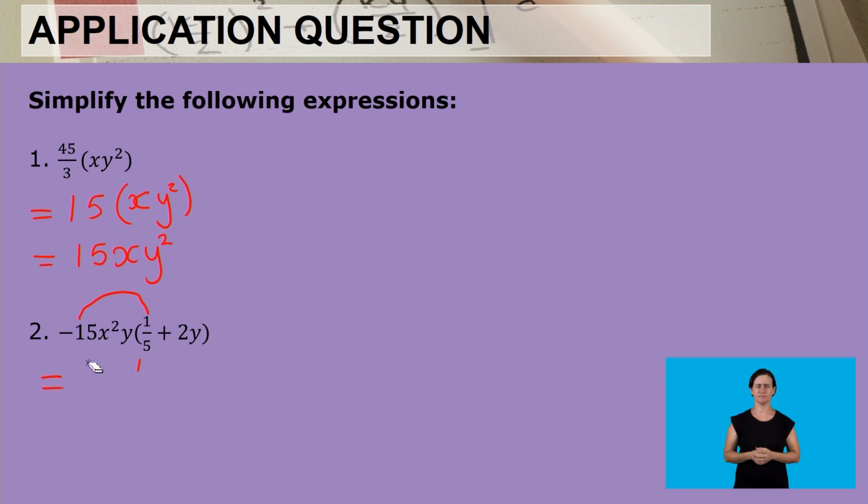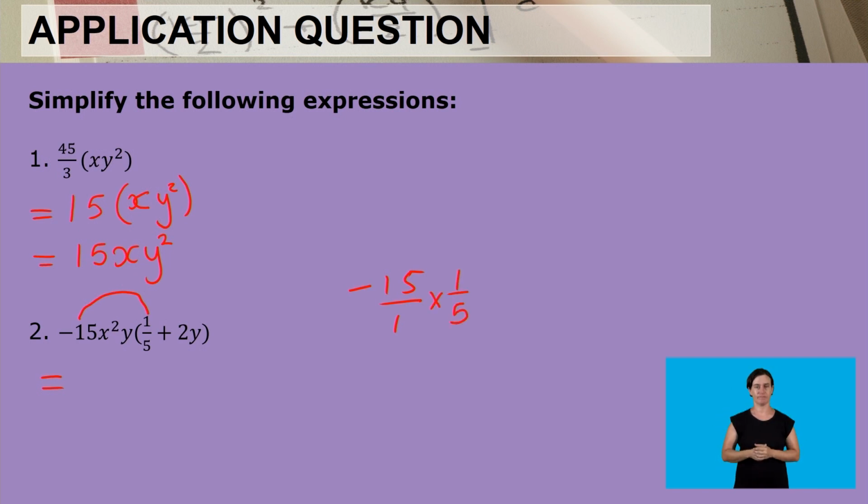Or for space, let us just do it here on the side. So the negative 15 as a fraction is negative 15 divided by 1, because we remember from the properties of 1 that dividing any number by 1, that number remains the same. And we are going to multiply this by 1/5.